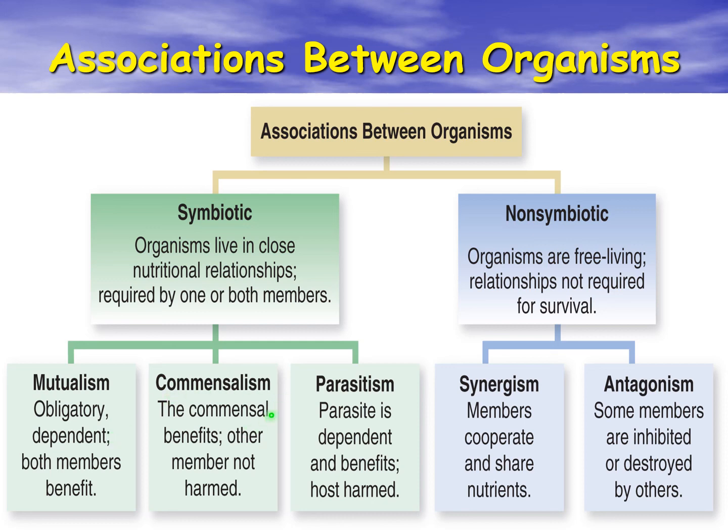Commensalism is where one member of the group benefits while other members are not harmed, but they neither benefit nor are they harmed in any way. Whereas in parasitism, the parasite is dependent upon the other in the relationship and will benefit from it, while the other member will be harmed.